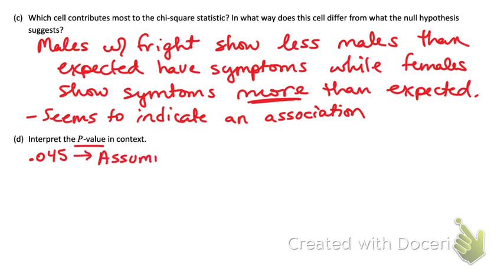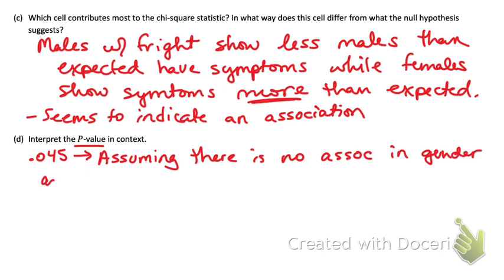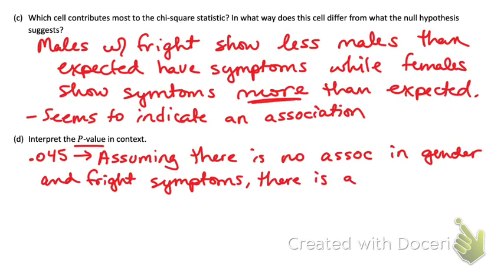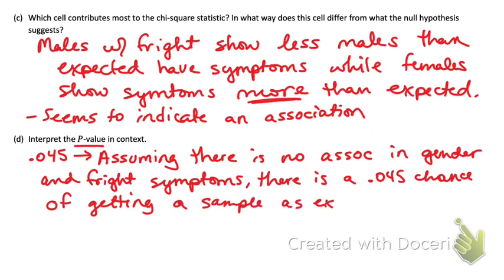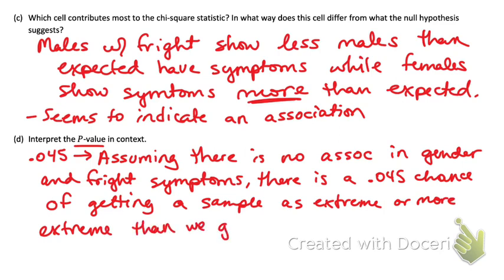Okay, first we get to interpret that p-value. Assuming there is no association in gender and fright symptoms, there is a 0.045 chance of getting a sample as extreme or more extreme than we got just by chance.